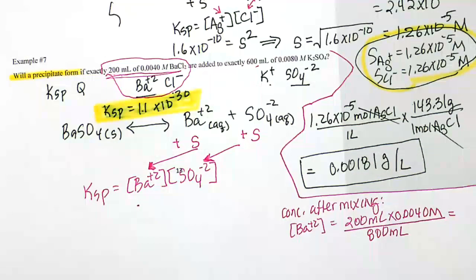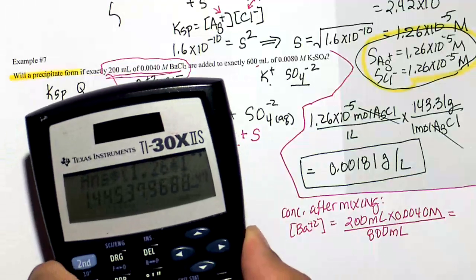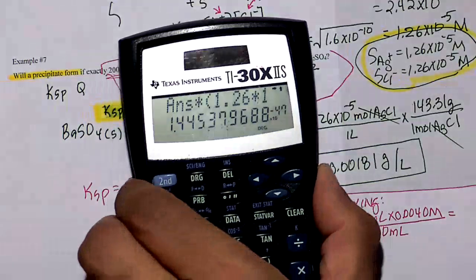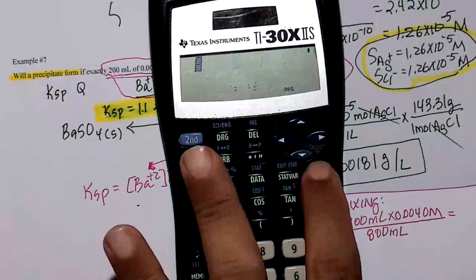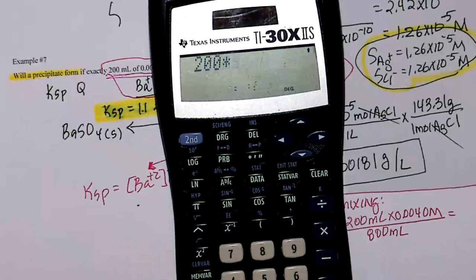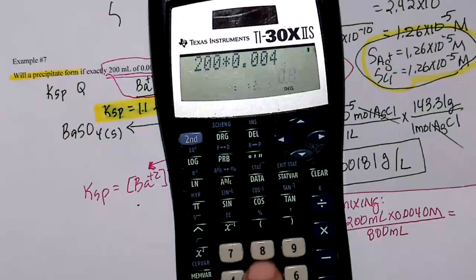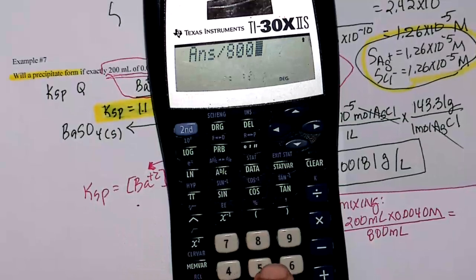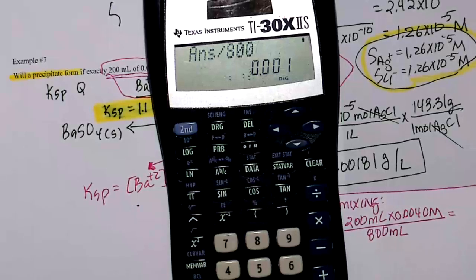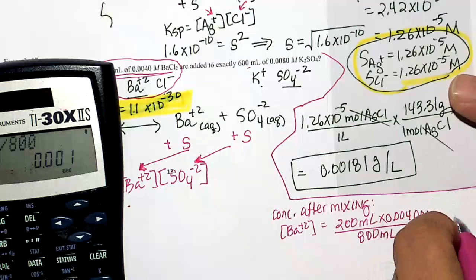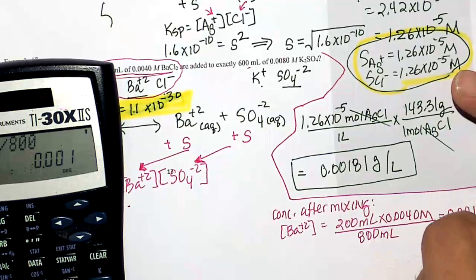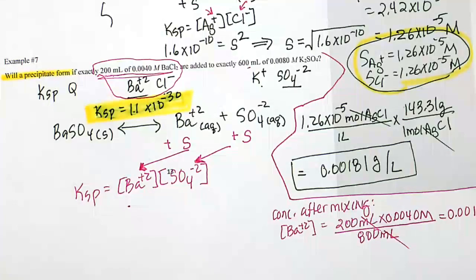What is 200 times 0.004 on the calculator? 0.8. And divided by 800 is 0.001. 0.001 M. The mLs cancel.